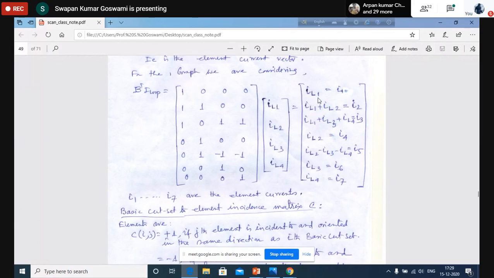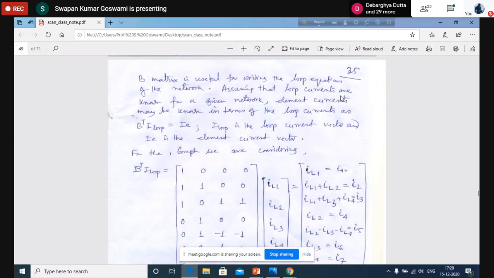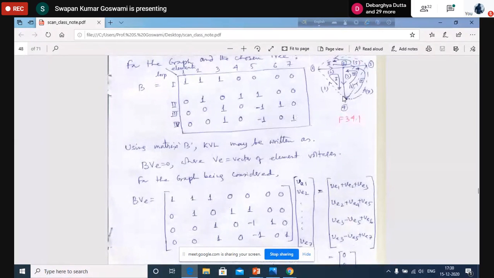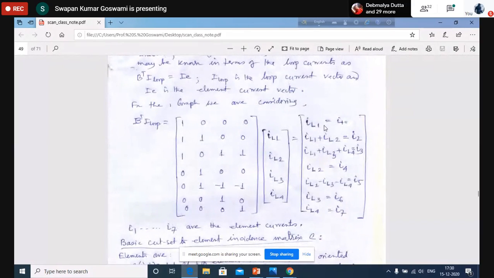The first obviously corresponds to element 1. What is the current in element 1? Current in element 1 is nothing but the current of loop 1, the loop current 1.